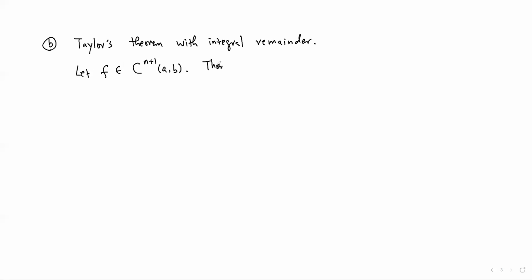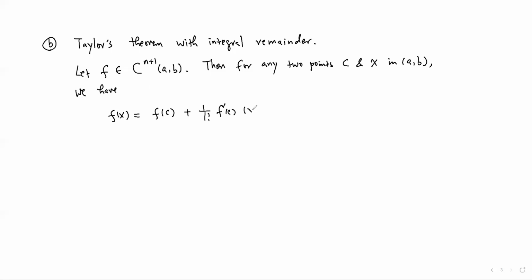Then for any two points c and x from the open interval (a, b), we have f of x is equal to the polynomial: f of c, plus 1 over 1 factorial f derivative at c times (x minus c), plus 1 over 2 factorial f second derivative at c times (x minus c) squared, plus and so on up to 1 over n factorial f n-th derivative at c times (x minus c) to the n, then plus the error term.